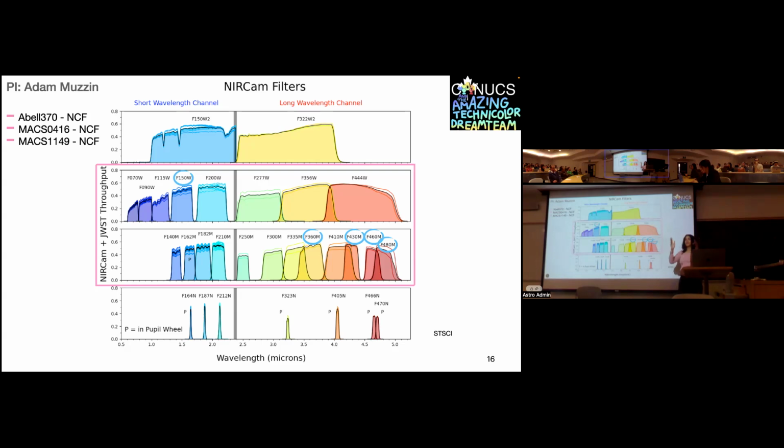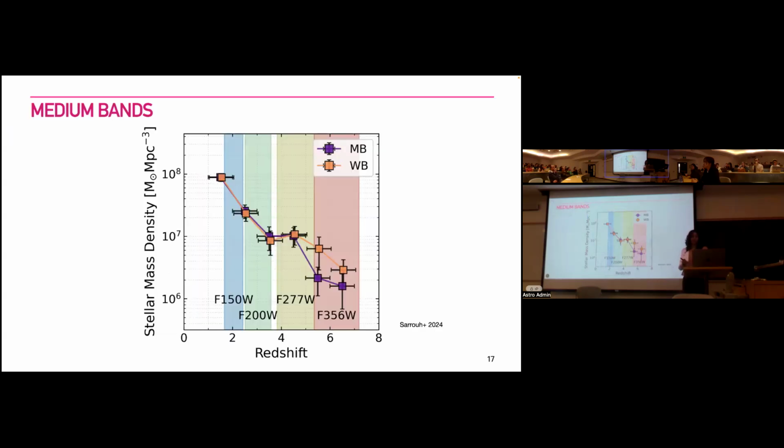However, with the medium bands, the wavelength range is smaller, so you have less background coming in, and therefore it should be less noisy. If you have an emission line in a galaxy, for example, you can see that in a medium band more easily.